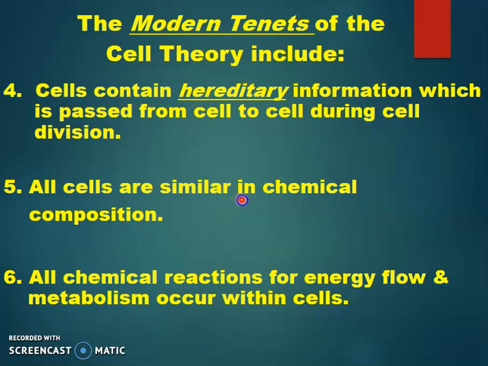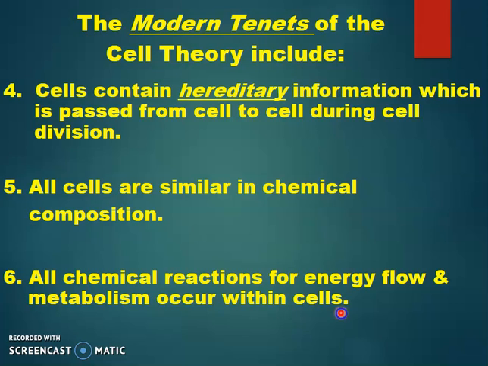There isn't anything different in any of these cells. And finally, all chemical reactions that produce energy, as well as the reactions that establish your metabolism overall in your body to maintain homeostasis, occur within cells.